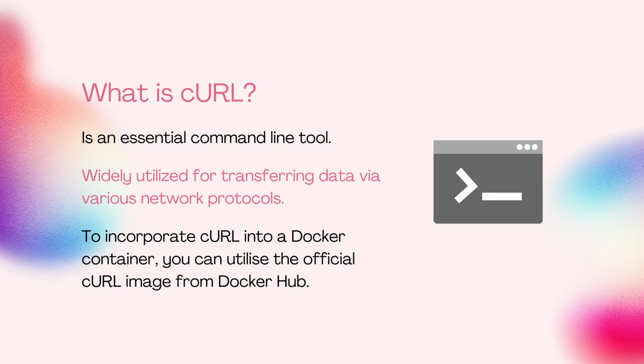Another essential command line tool is curl, widely utilized for transferring data via various networking protocols. To incorporate curl into a Docker container, you can utilize the official curl image from Docker Hub itself.